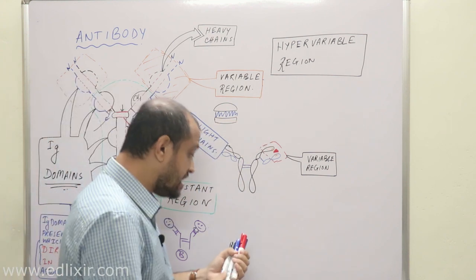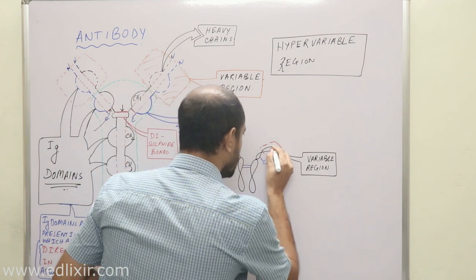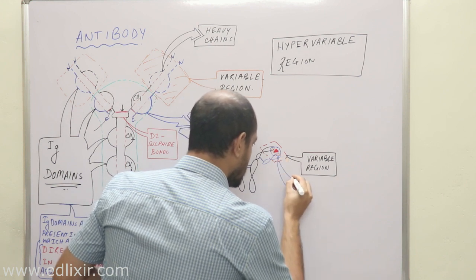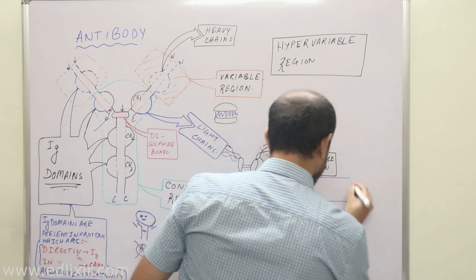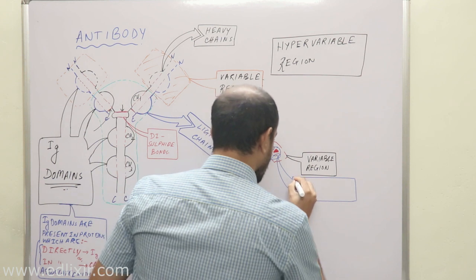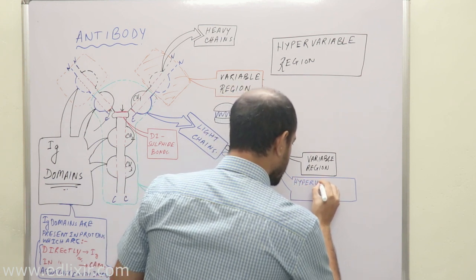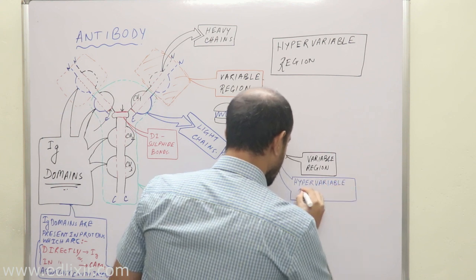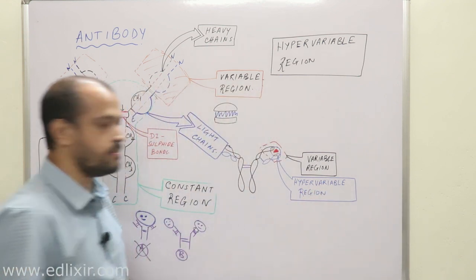Now this area has a special name. This area is known by the name of hypervariable region. This is called hypervariable region.